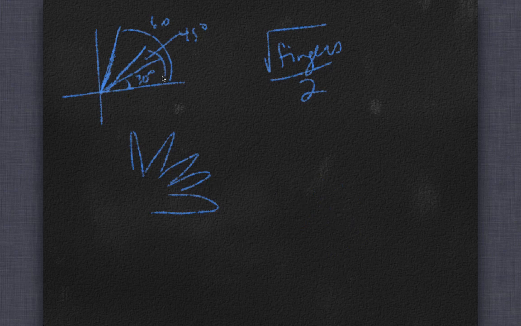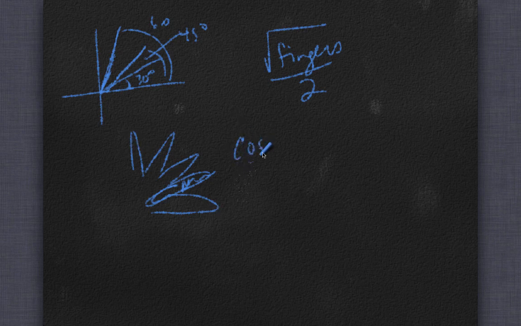So if I'm looking at 30 degrees, then this is the finger that I would bend in. So like in real life, you would put your index finger down for 30. And it's square root of fingers. The top fingers are cosine, the bottom fingers are for sine. So this is in alphabetical order if you want. So cosine, sine.